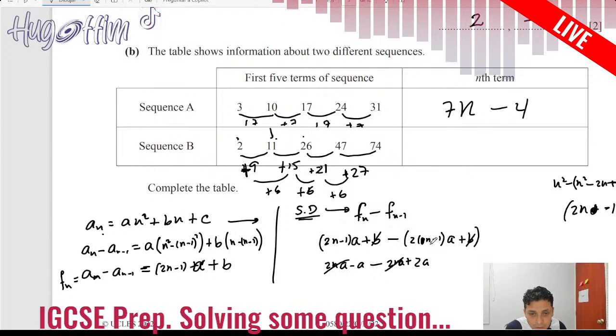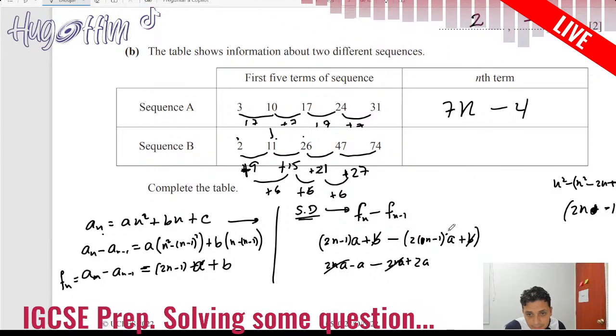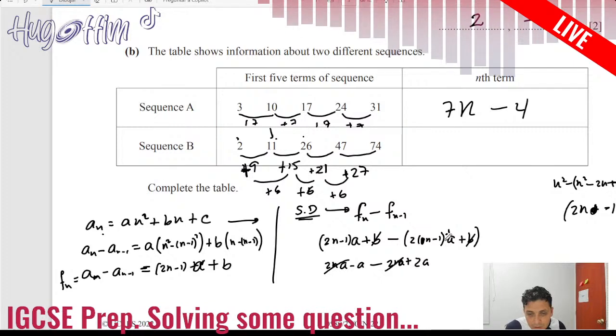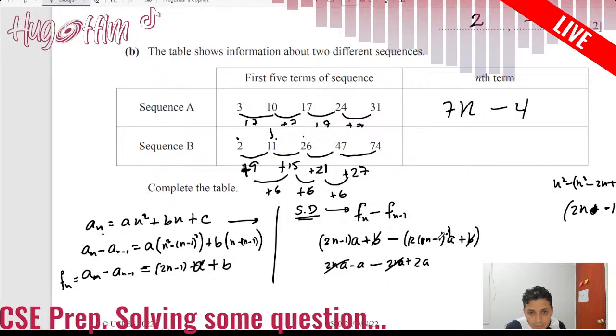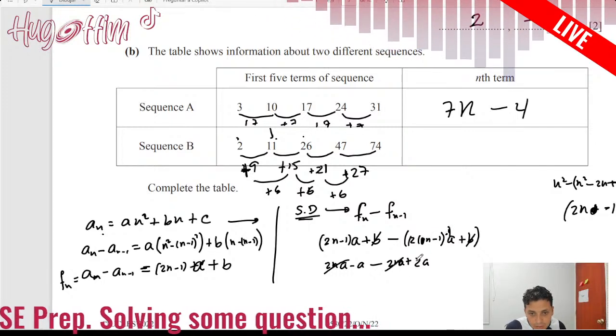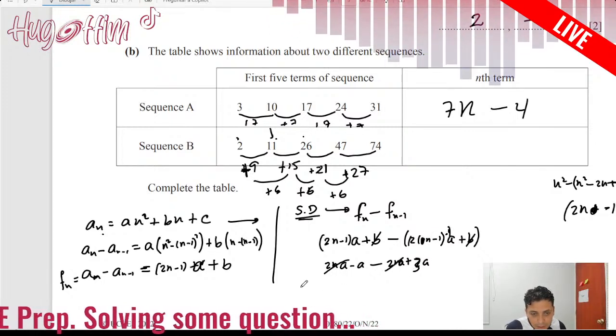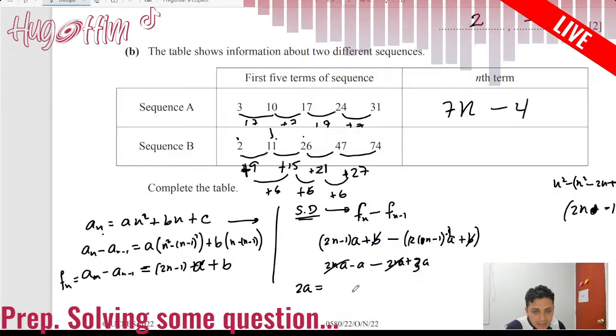Oh, I think I did wrong, because this is going to be 2n minus 2 minus 1 is 3. Yeah, so the second difference is 2a.